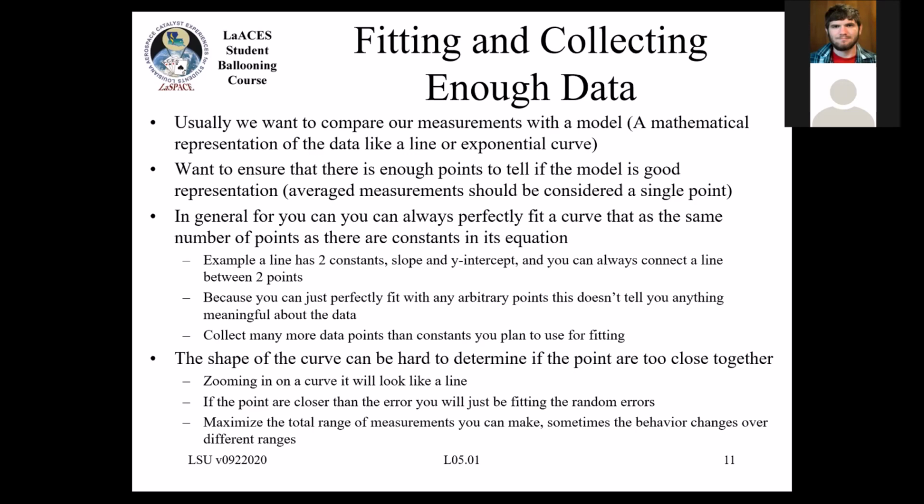Similarly, if I have a quadratic equation, I can always pick those constants so that it'll go through 3 points, because there are 3 constants in a quadratic equation. Because of this, you always want to have many more data points than the number of constants in your equation.